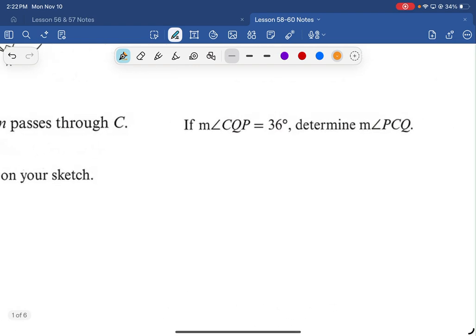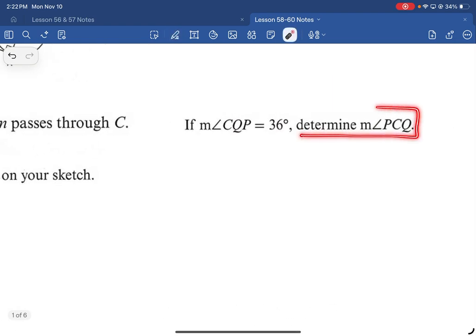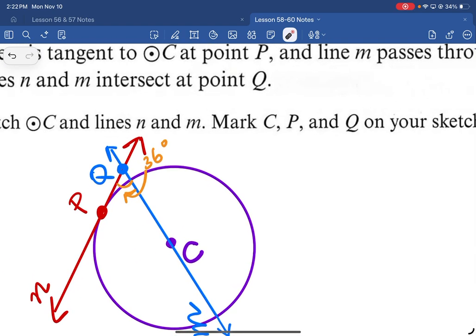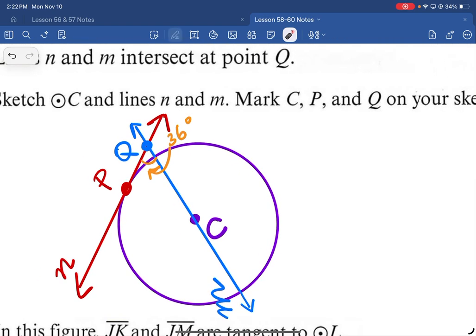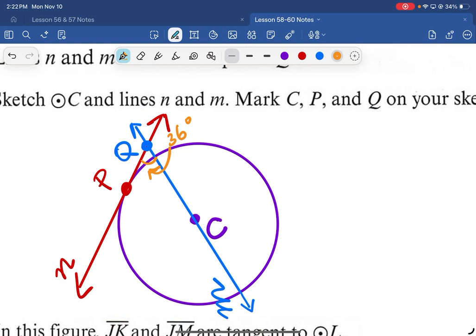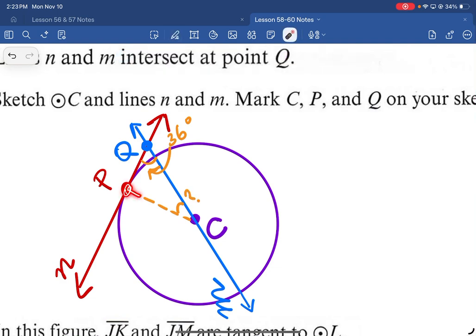The question asks me to determine the measure of angle PCQ. So hold on, let me get my pen out. They want this angle right here. PCQ.